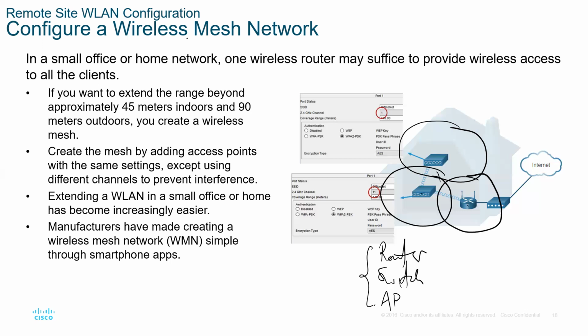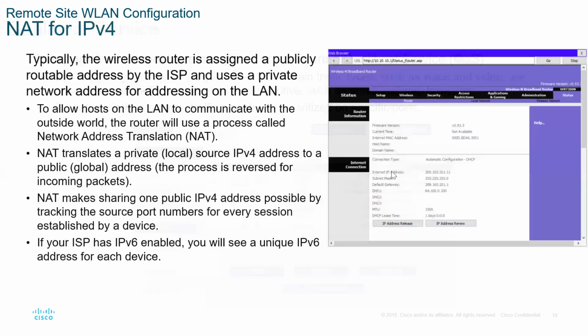So the wireless mesh network allows adding access points so that you can extend your network. In this case, you can see these are wirelessly connected because a router can act as an access point, providing wireless access to another access point, and so on. I think we'll have a chance to create our own wireless mesh. We'll get there.